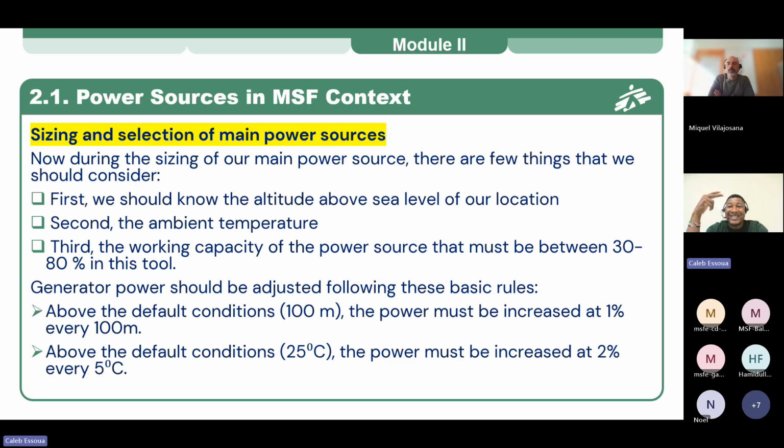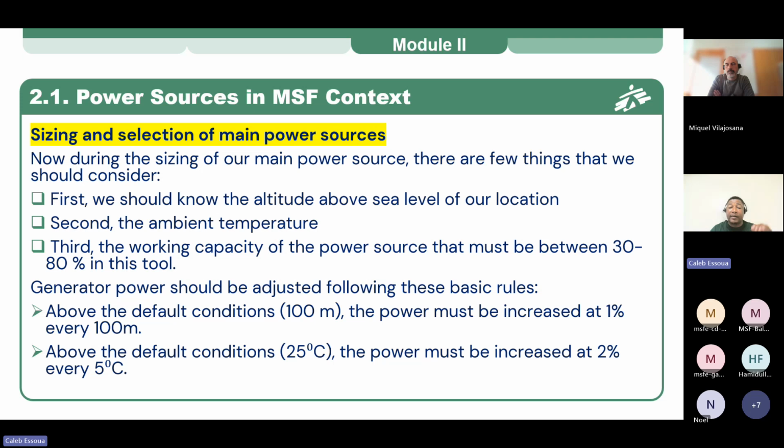And then I have to know what the temperature is in these regions. Once you are doing your sizing in this generator sizing sheet, the value that you get should be 30 to 80% of the generator capacity.